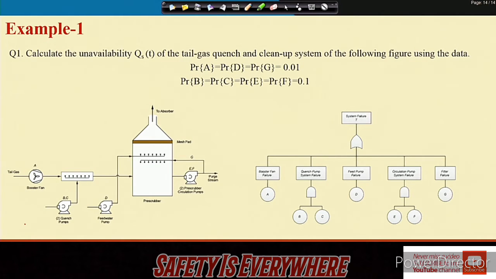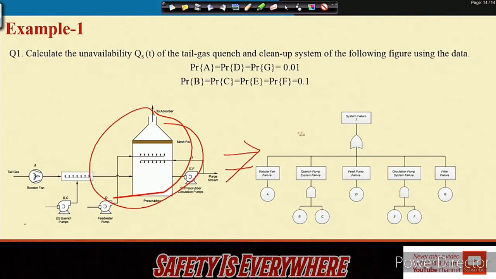This system you have already seen. This is the tail gas quench system, and the fault tree of this system is given. Now, we have to find the unavailability. The basic event probabilities are given here: the probability of A, probability of D, all the things are given here.